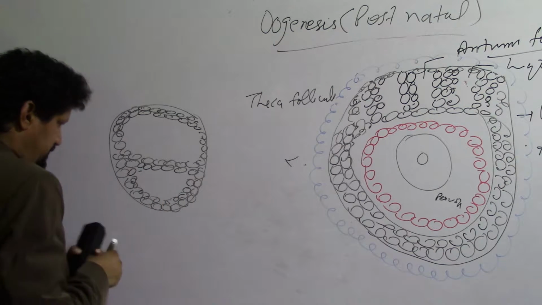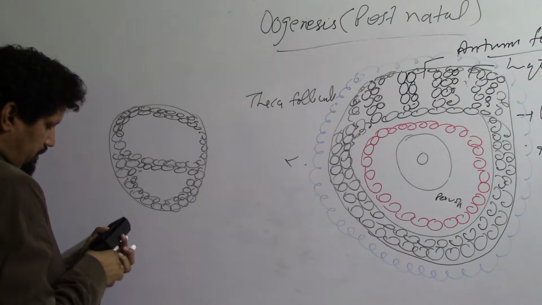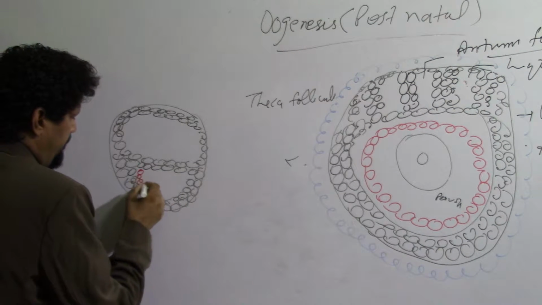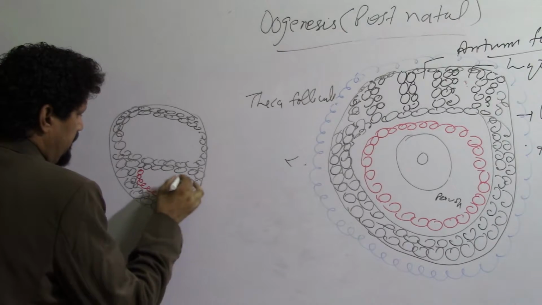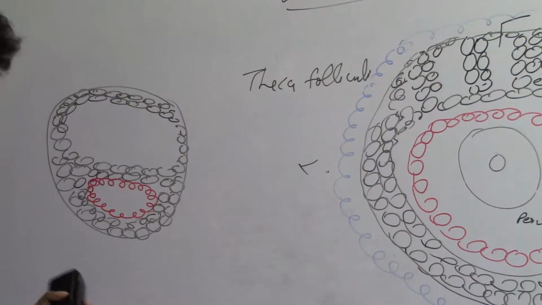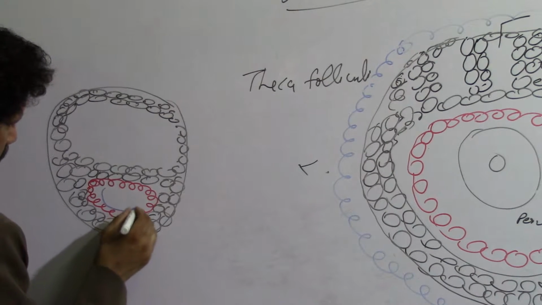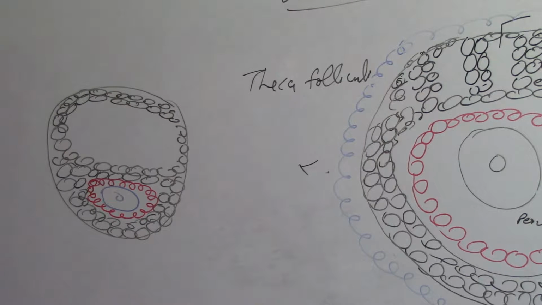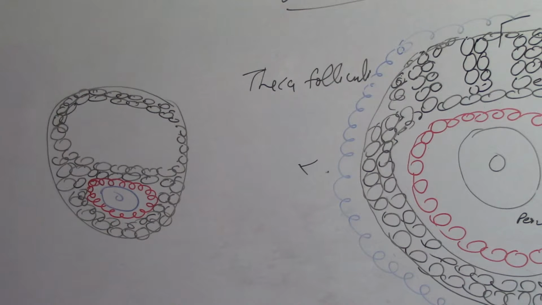These are granulosa cells, and here is again zona pellucida, non-cellular glycoprotein layer, and again primary oocyte. This type of arrangement where one cell is large and for its nutrition purpose it is surrounded by small cells is known as cytophysiological complex.